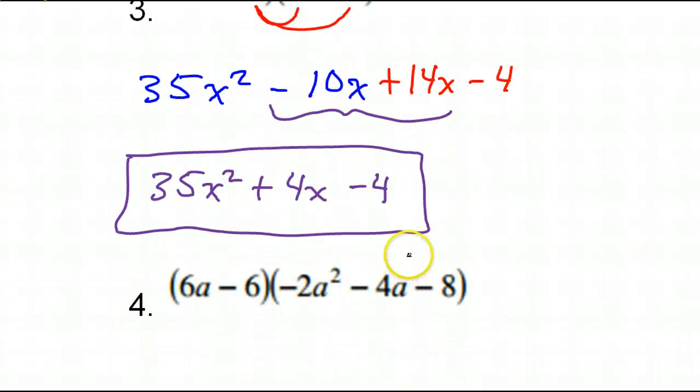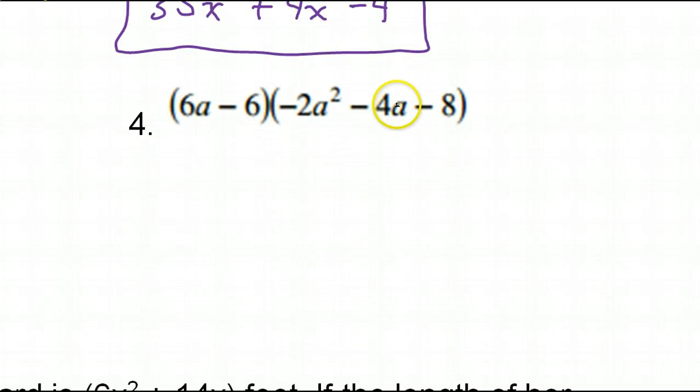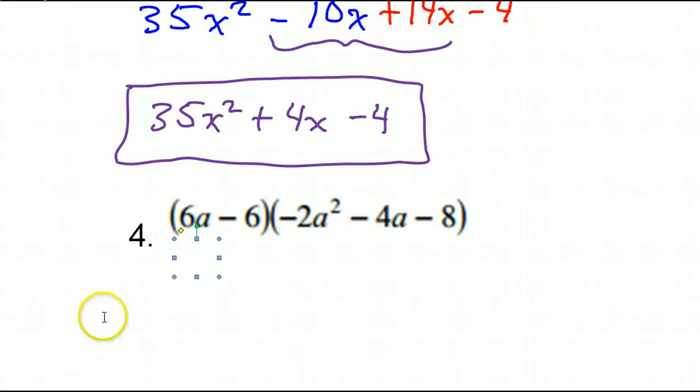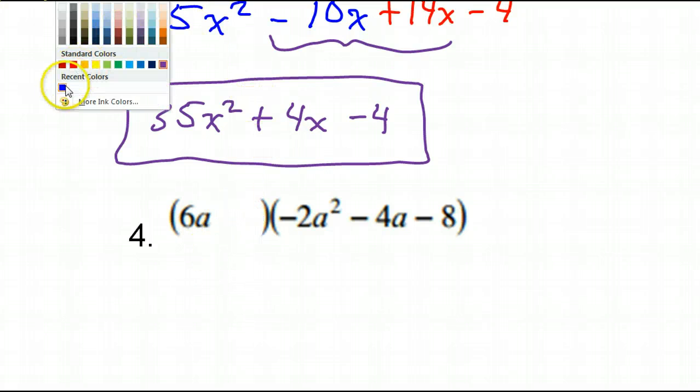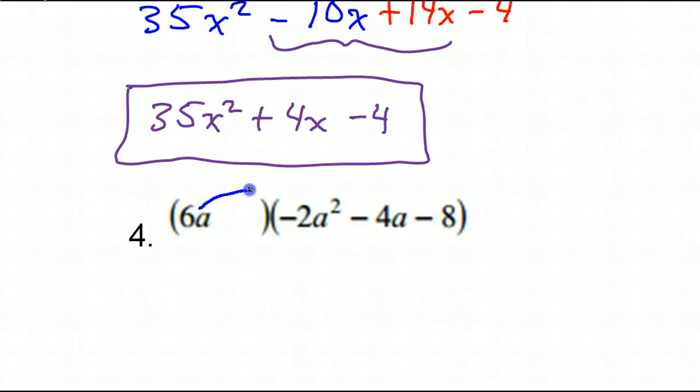Okay, how about number 4? We want to do the distributive property first with a 6a. So for a moment, I'm going to cover up that negative 6, so I can concentrate on doing the distributive property with the 6a. So I will multiply my 6a here, here, and here. 6a times negative 2a squared.